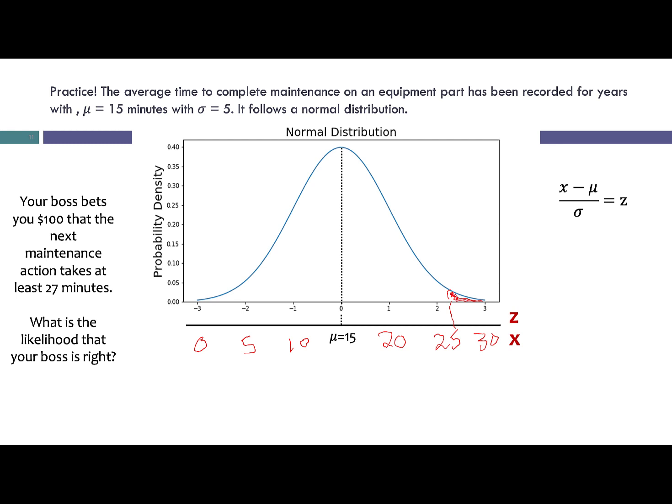We can calculate what the z is there using this formula, or we're going to just let the computer do it for us in a second, but we can map our z: x minus mu over sigma. Here it would be 27 minus 15 over 5, which is 12 over 5, which is 2.4.